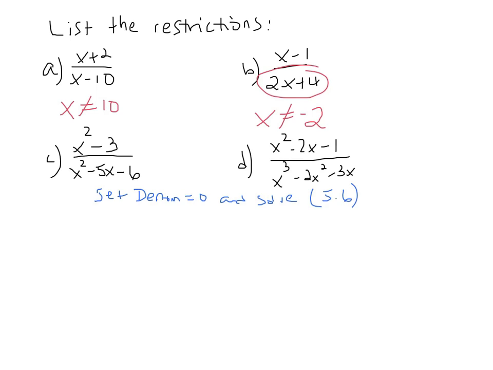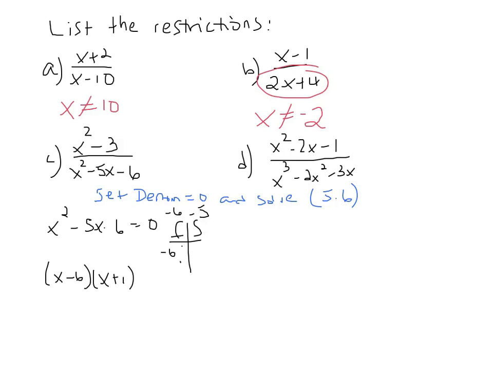So on the first example, we will set the denominator equal to 0 and solve it. And to do that, we need a factor sum chart. Two numbers that multiply to negative 6 add to negative 5. Negative 6 and 1. It factors into x minus 6, x plus 1. And we set each of those factors equal to 0 and we solve.